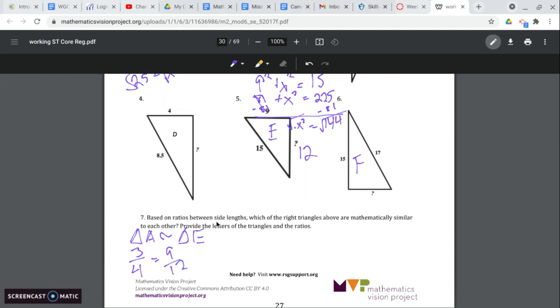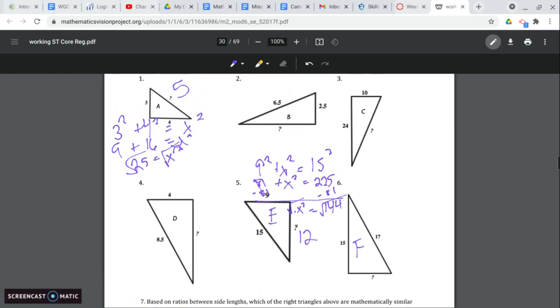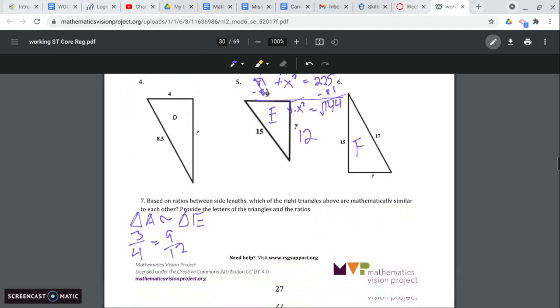So there are other pairings. There are 2 more pairs of similar triangles, which makes sense since we have 4 triangles left. So you'll figure out those pairings as to which are similar. Remember, similar means that we can multiply all of the side lengths of one triangle by a constant value and get the other side lengths.